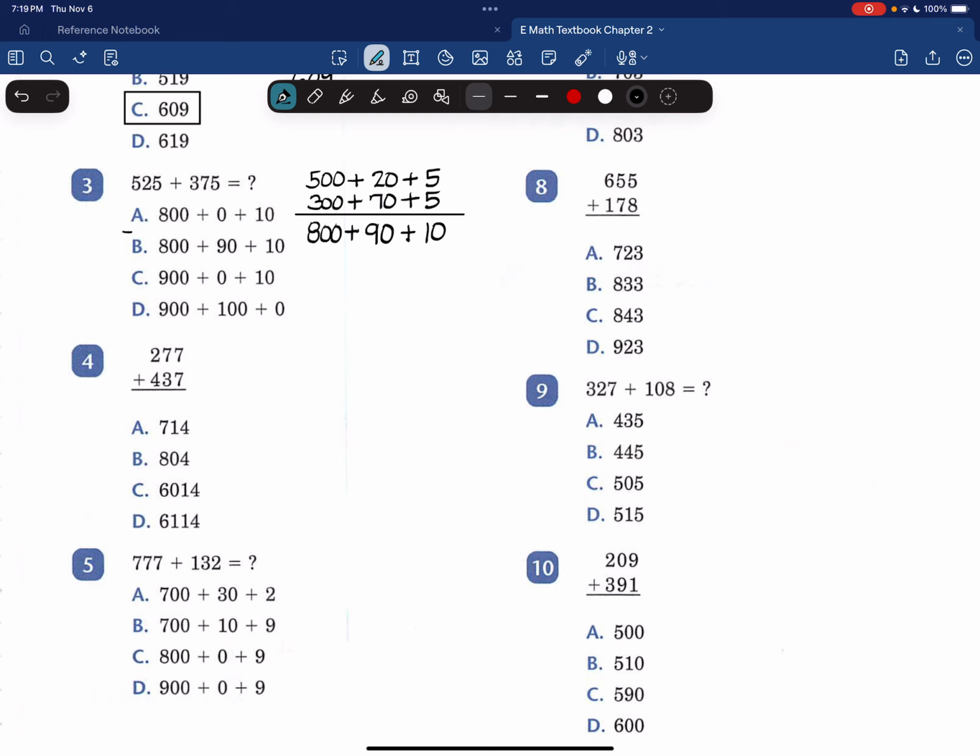So that looks like answer B as in boy. And if you wanted to go ahead and finish this, you could combine the 90 and the 10 to get 100. And then 800 plus 100 would be a standard number of 900.